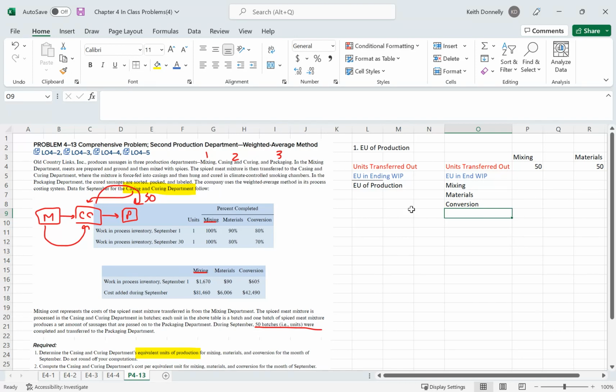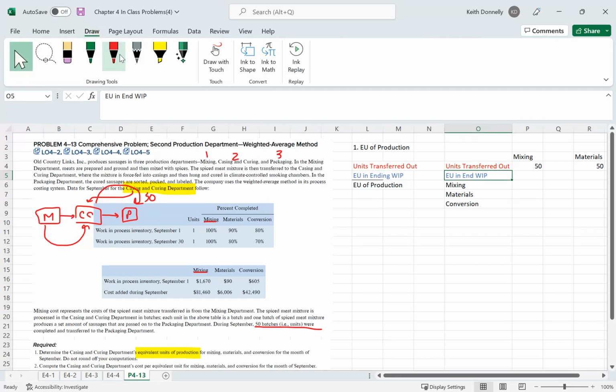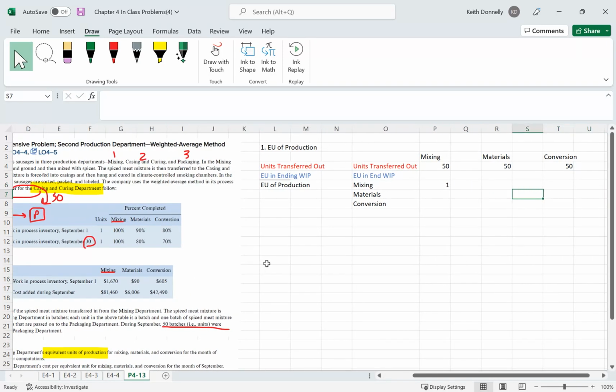We're looking at ending WIP, so we're going to be focusing right here on the September 30th. It's ending WIP, the end of the month. So with regard to mixing, it looks like we are 100% complete. With regard to materials, it looks like we're 80% complete.